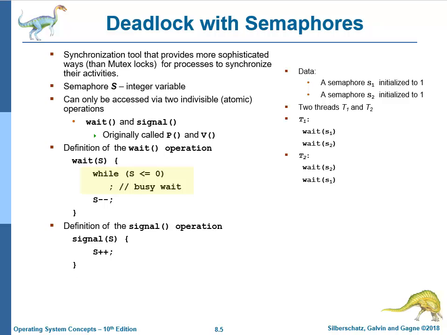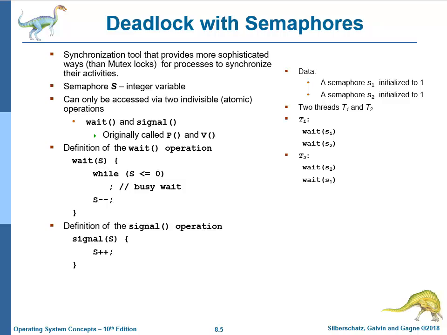So that means if the integer is less than or equal to 0, there's no operation. It just stops there. If that integer is greater than 0, then the integer will decrease by 1, so s--. In the signal operation, we just increment this integer.